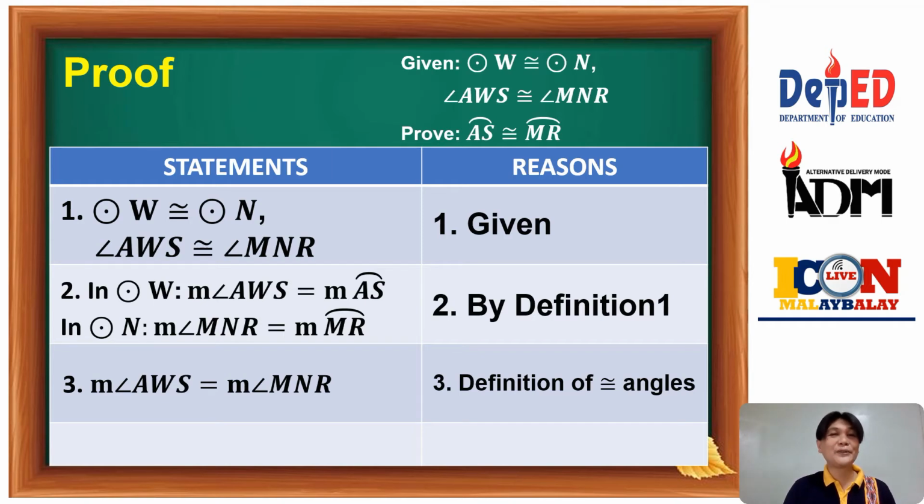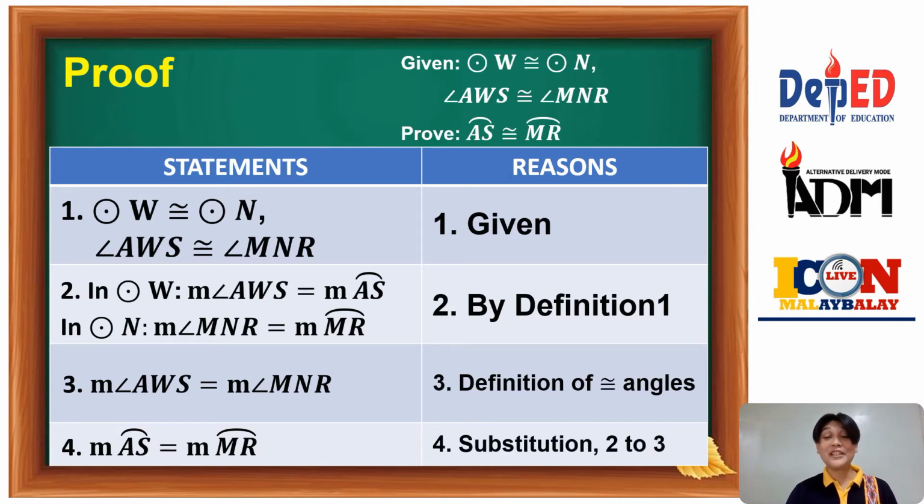And with respect to our statement number 2, we can make use of that to create our statement number 4, which is the measure of arc AS is equal to the measure of arc MR, using statement number 2 for number 3. Meaning to say, we are substituting.